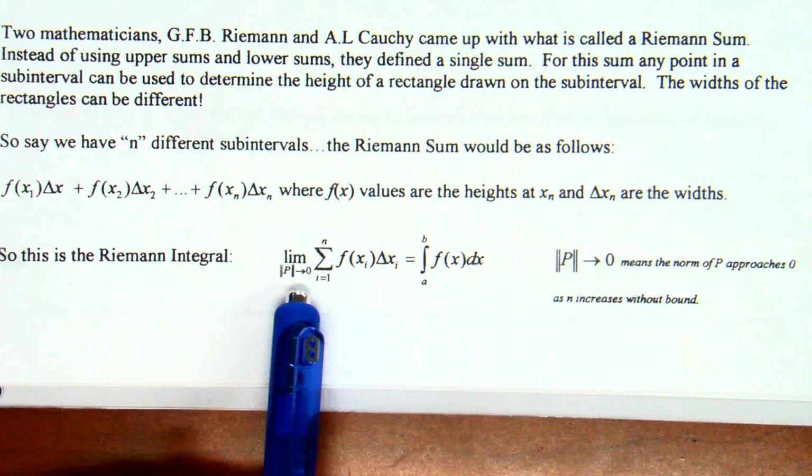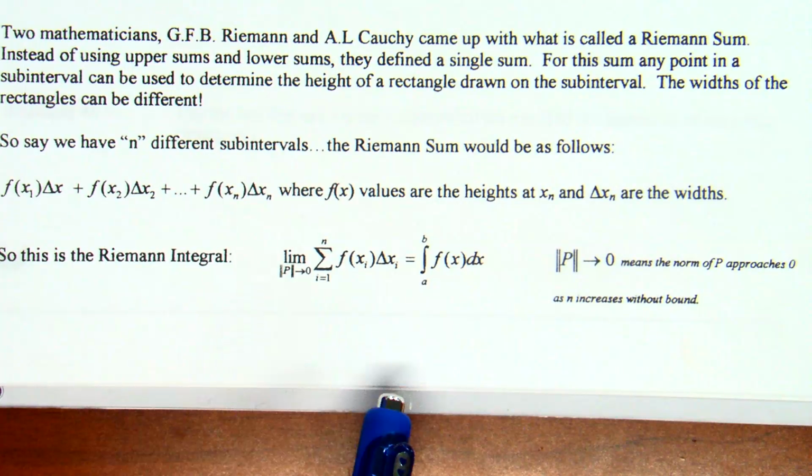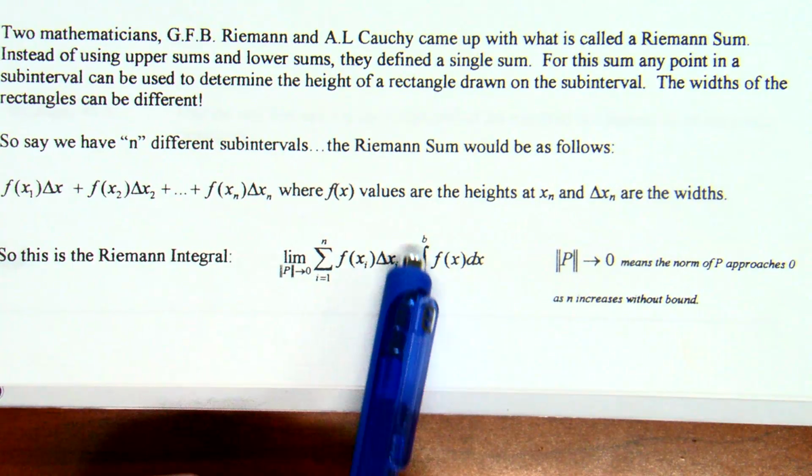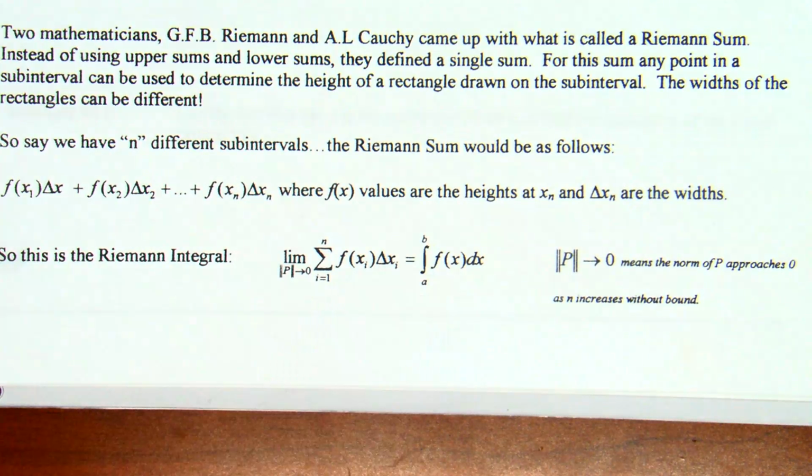Now, the limit as p approaches 0 of the summation from i equals 1 to n of f of x sub i times delta x sub i is equal to the integral from a to b of f of x dx.